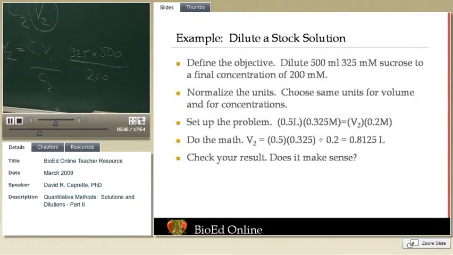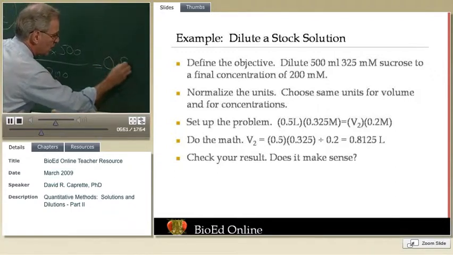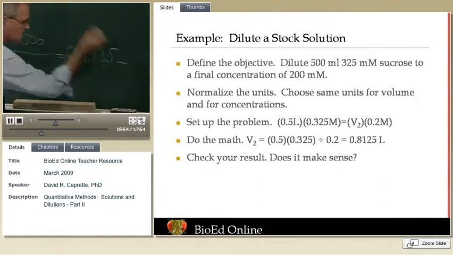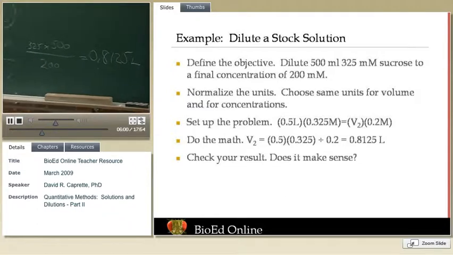The units will cancel out and give us units of volume. And not being a human calculator, I'm going to look up the result that I already determined, and that comes out to 0.8125 liters.